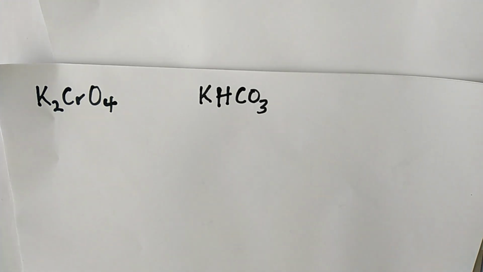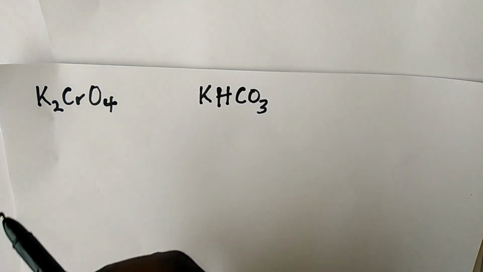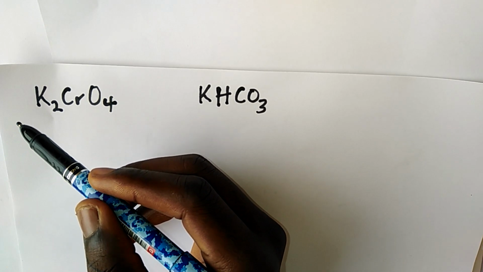Here are 2 examples for you. Feel free to pause the video and find the oxidation number of chromium and also the oxidation number of carbon. Now for the first one, to get the oxidation number of chromium, you know potassium, by the way, is in group 1, and you know group 1 elements have 1 valence electron, right?